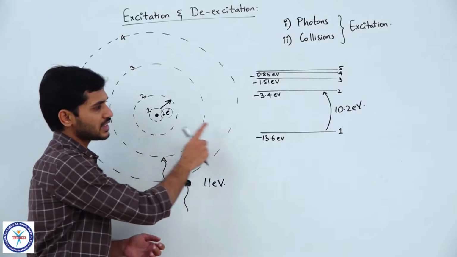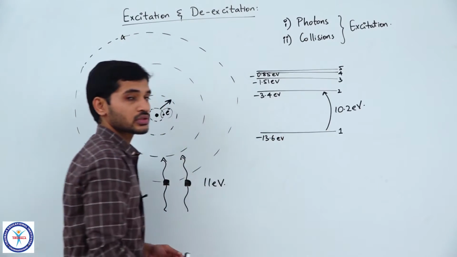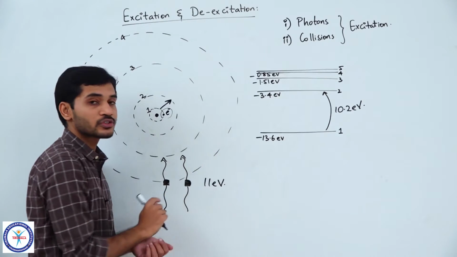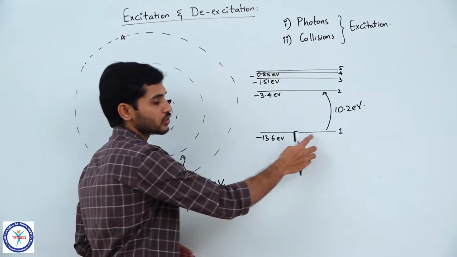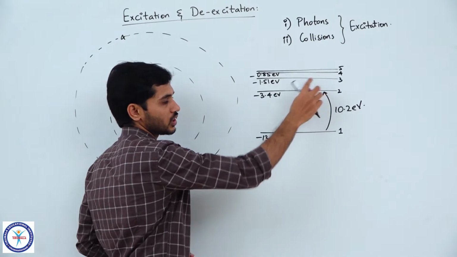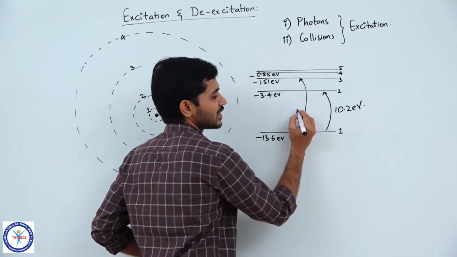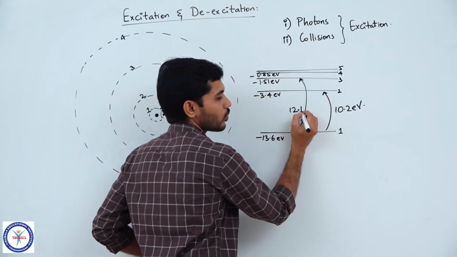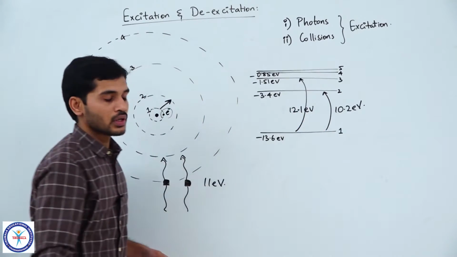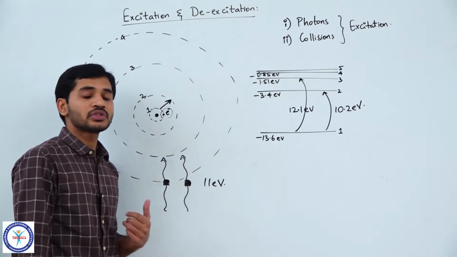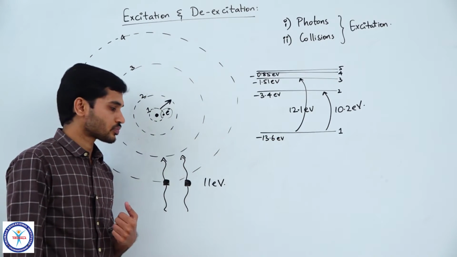You know that the electron needs 10.2 electron volts to go from 1 to 2, and obviously this 11 electron volts is not sufficient to go from 1 to 3, because we have earlier discussed that the energy required for that is 12.1 electron volts. So, this 11 is somewhere in between these two. What do you think might happen in this scenario?